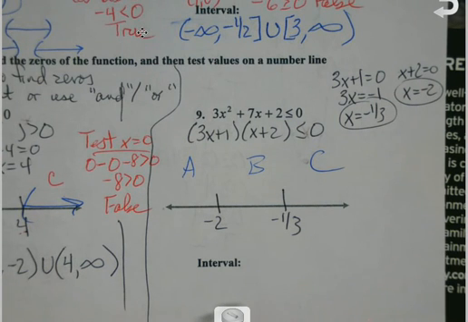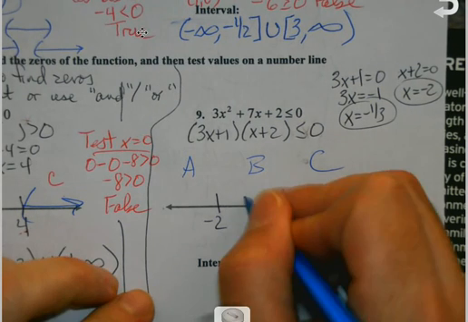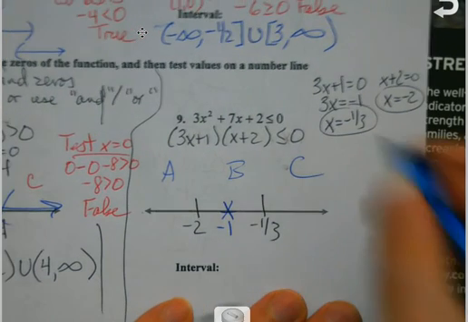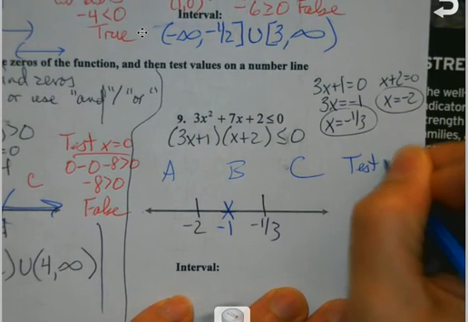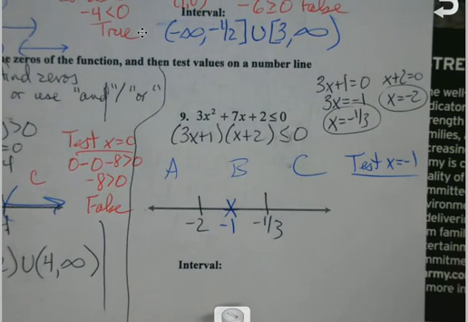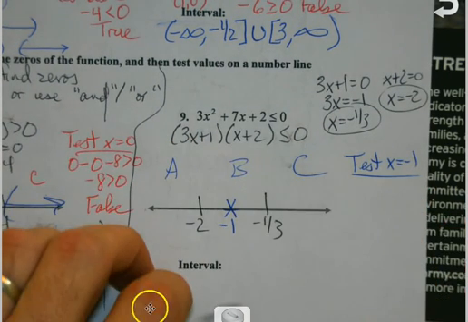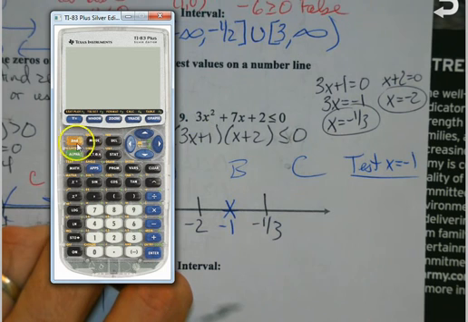Now this one, not quite as much fun. I need a number between -2 and -1/3. -1. Good pick. So, I'm going to test x is -1. So when I plug that in, actually, let me do it in the calculator. I want to make sure everybody's feeling comfy.